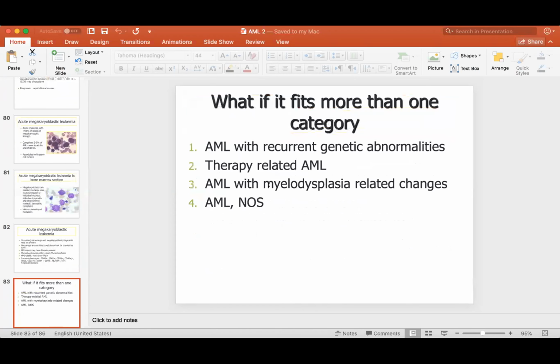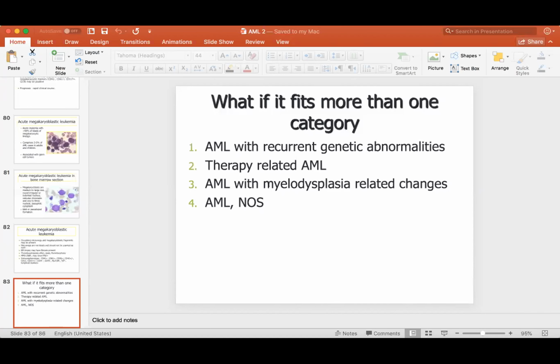So again, how would you fit it into the different types of leukemia? If you have one of the translocations that are included in the recurrent genetic abnormalities, then you call it acute myeloid leukemia with recurrent genetic abnormality, and you list the translocation there. If you have history of treatment, then it is a therapy-related AML from chemotherapy or radiation. And again, we have 2 types. We have topoisomerase 2, which usually occurs earlier, 1 to 3 years after the treatment, and the alkylating agents, which occur later on.